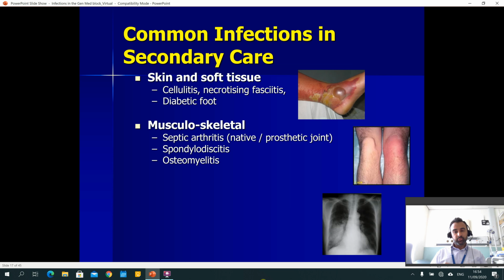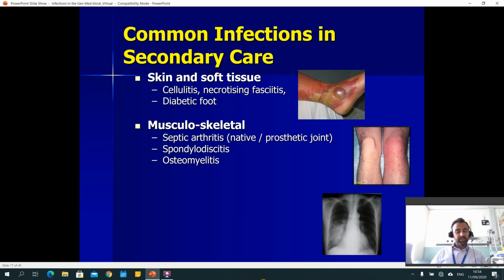Prosthetic joints are much more difficult to manage, and often, because of the biofilm formation of organisms like Staph aureus, antibiotics alone may not clear it, definitely not short courses. A person like this may end up on 6 months plus of antibiotics, or even need the metal taken out to fully clear it. Don't forget spondylodiscitis. It often does get forgotten.